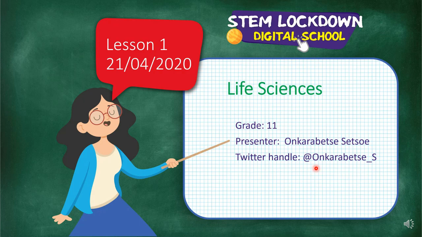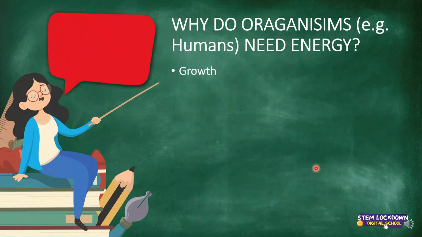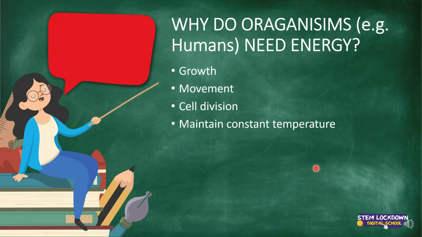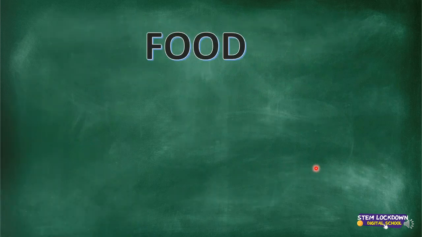So these are our lesson outcomes. We mentioned why organisms need energy, and we established that they need energy for various reasons: growth, movement, cell division and so on, and that we get our energy from food.